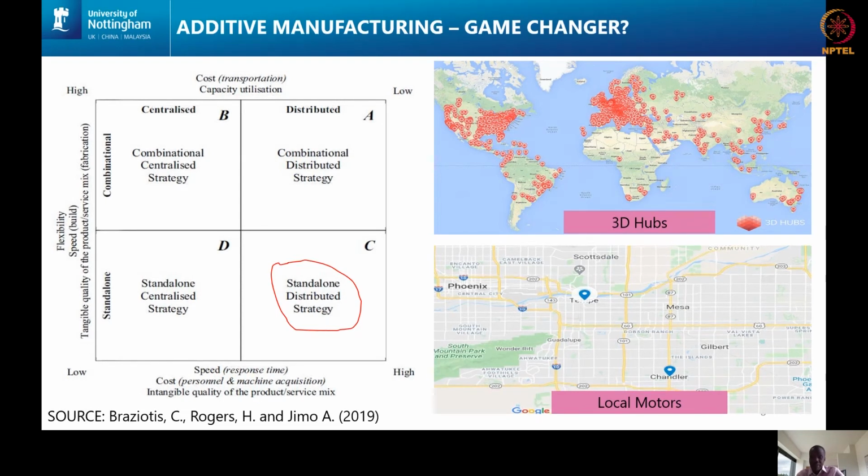And there are examples in the industry to evidence this capability, with companies such as 3D Hubs and Local Motors deploying the capabilities of polymer additive manufacturing to make end-use parts for their assembly lines and customer locations at different parts of the world. So it's not a far-fetched vision, if you will.